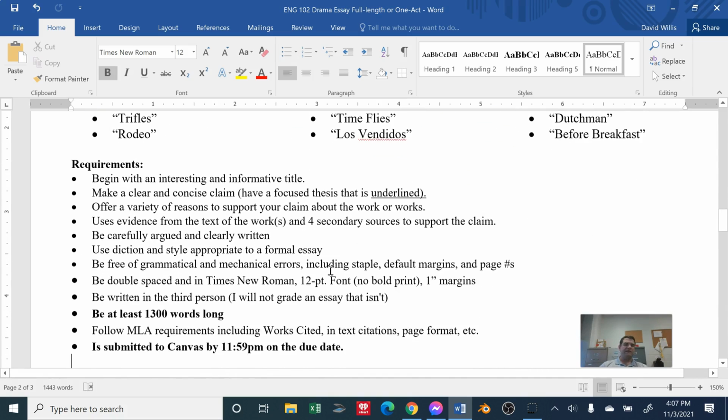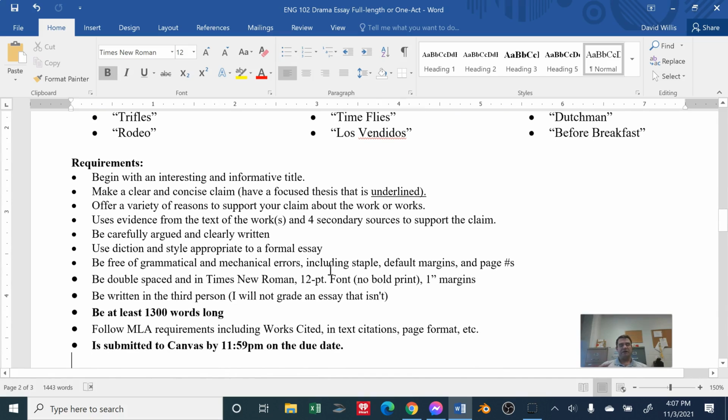Requirements are the same as the other papers, but it needs to be formatted correctly, and use 3 secondary sources. I don't know why that says 4. Let me correct it. Editing on the fly. Use style appropriate to a formal essay, grammatically and mechanically sound.